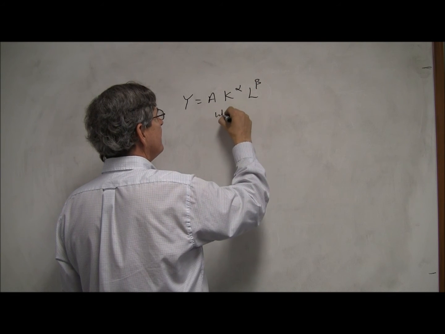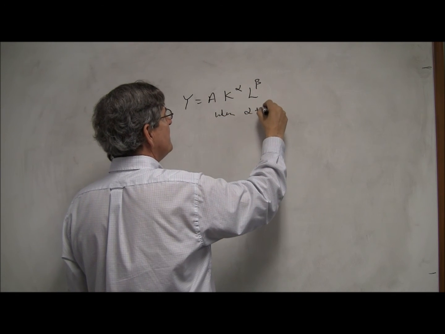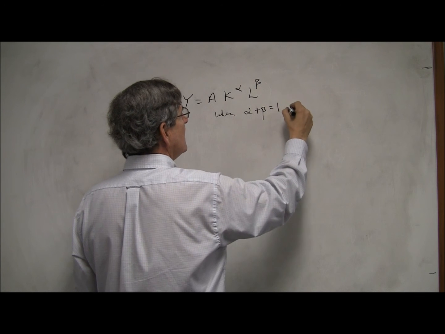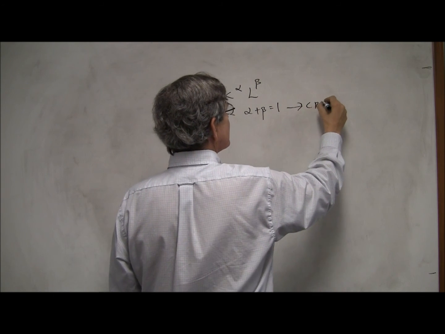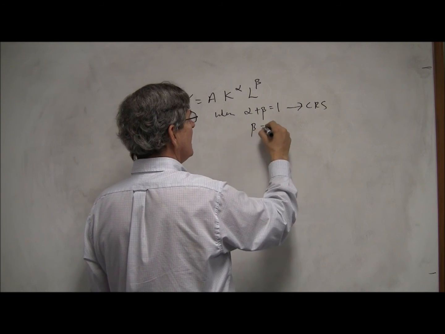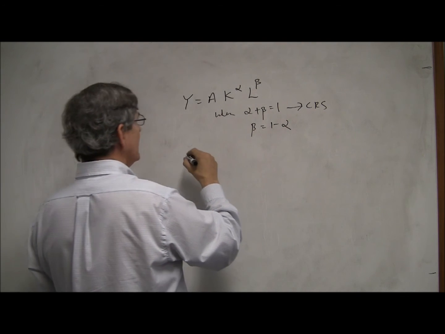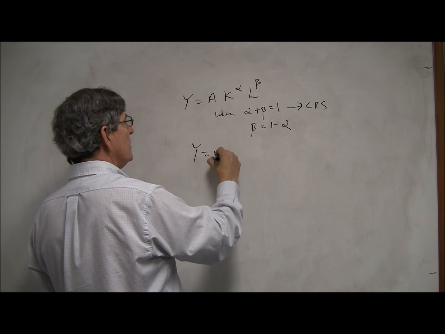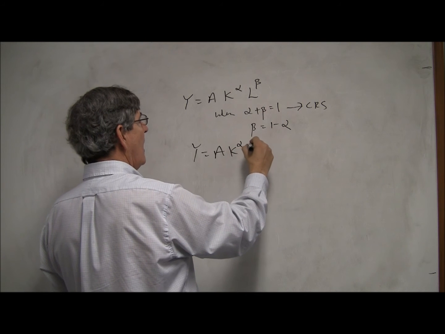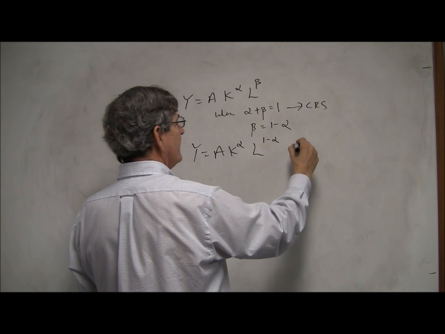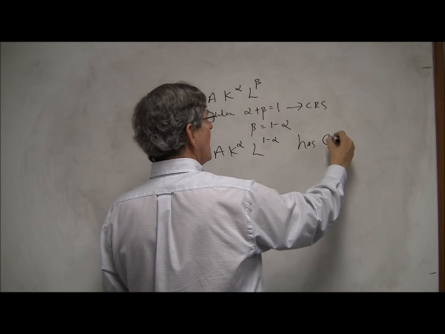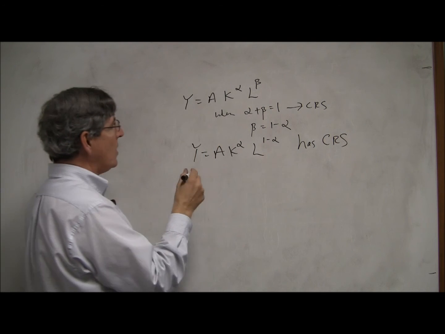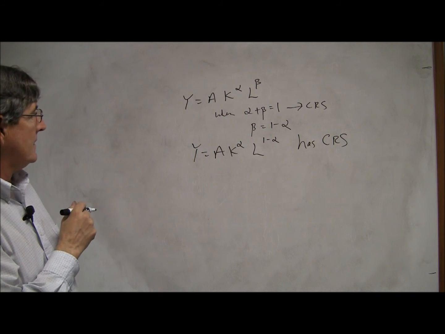But when alpha plus beta equals 1, then we have constant returns to scale. What that means is beta equals 1 minus alpha. So Y equals A K to the alpha, L to the 1 minus alpha has constant returns to scale. And I'm going to show you that next.